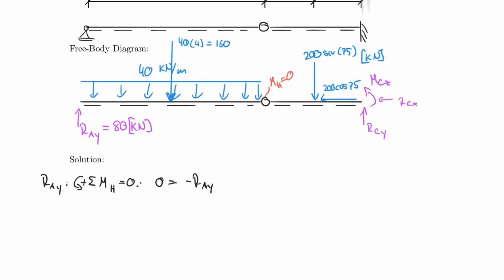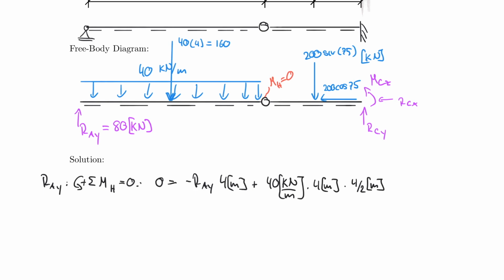And that was 4 meters, plus 40 kilonewton per meter multiplied by 4 meters, multiplied by the lever arm, which is 4 over 2 meters, or 2 meters. And that is all I need.